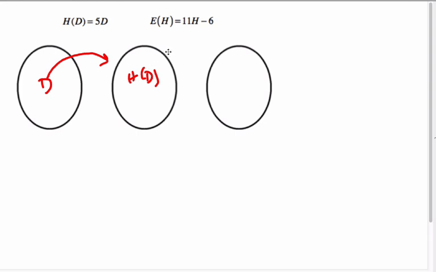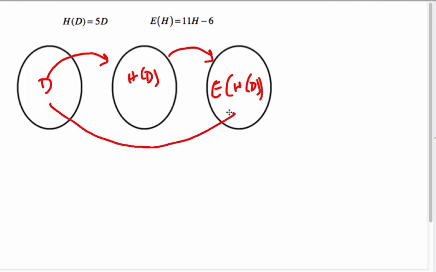And then from h of d, I get E of h of d. Or I could go straight all the way here and say E of h of d. And that's the power of the composition. I can go straight to the end and I combine these two functions.